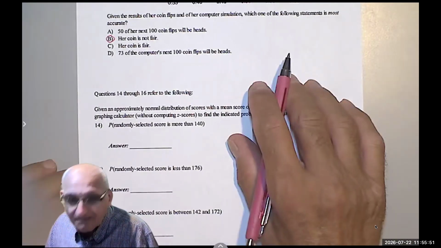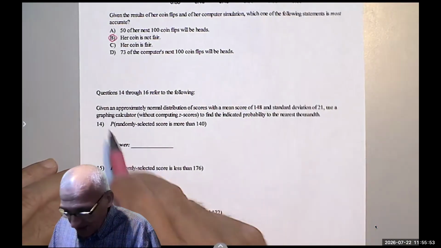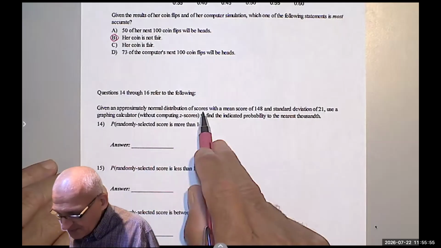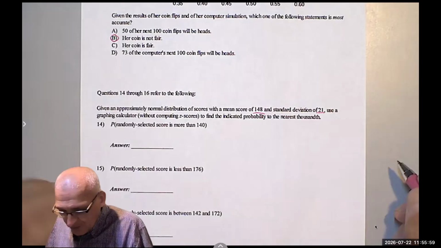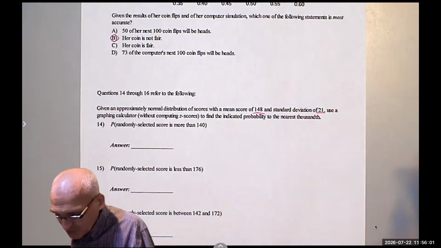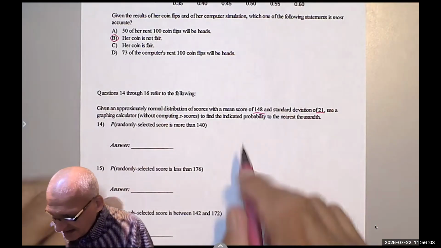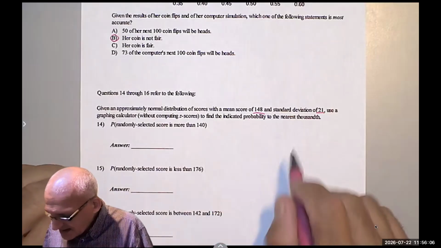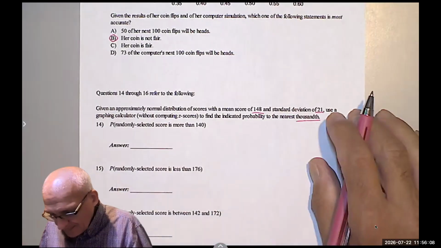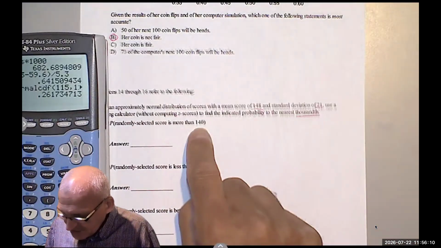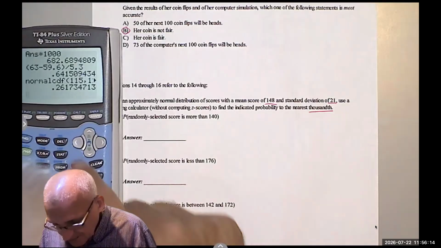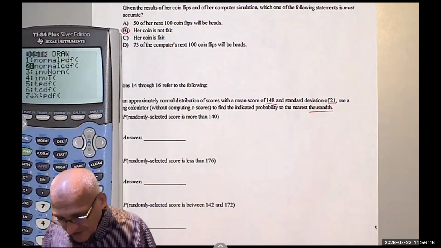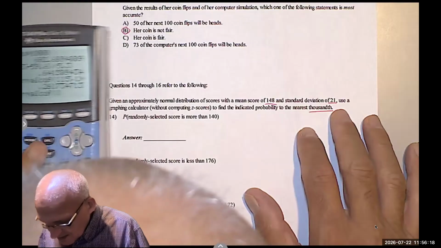Last question. Given an approximately normal distribution of scores with a mean score of 148 and a standard deviation of 21, use a graphing calculator without computing the z-scores to find indicated probabilities to the nearest thousandth. What is the probability that you get more than 140? Oh my God, we keep using the same function over and over again in this weird thing.